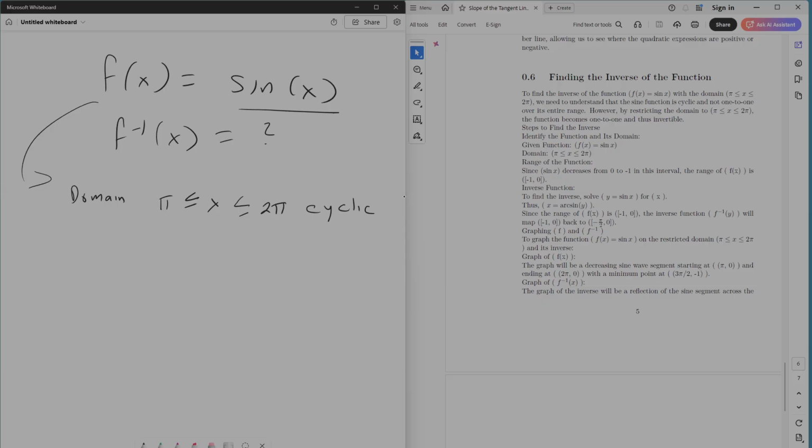But by restricting the domain to this range, the function becomes one-to-one and invertible.